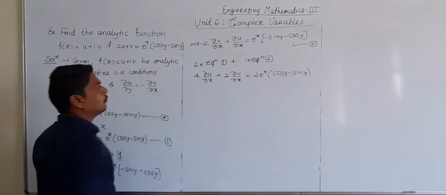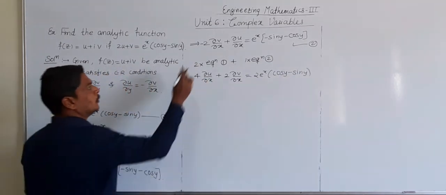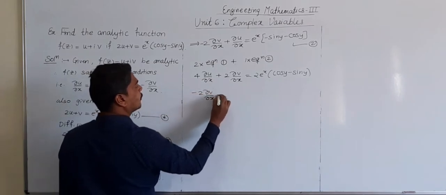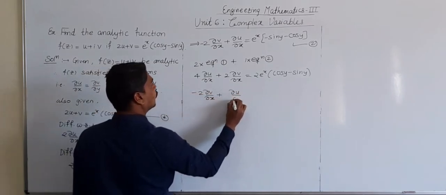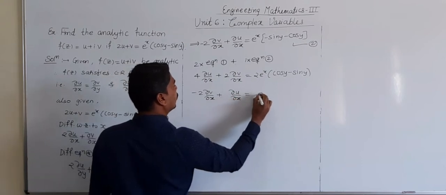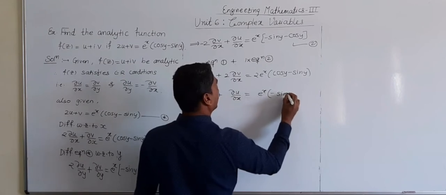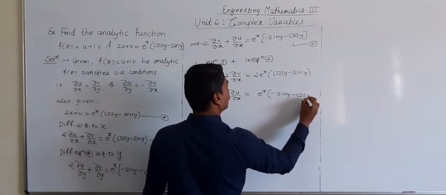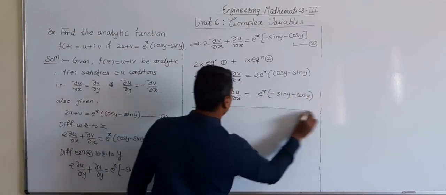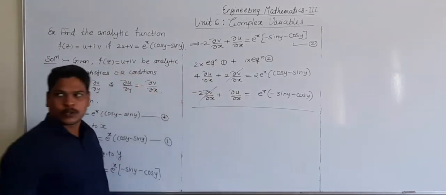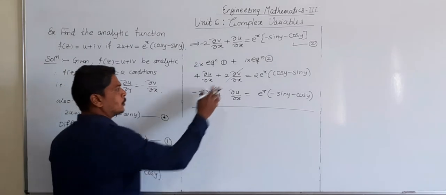And multiplying equation 2 by 1, we get −2 ∂v/∂x + ∂u/∂x = e^x (−sin y − cos y). Then take the addition of these two equations. These two terms are the same with opposite sign, so they get cancelled.